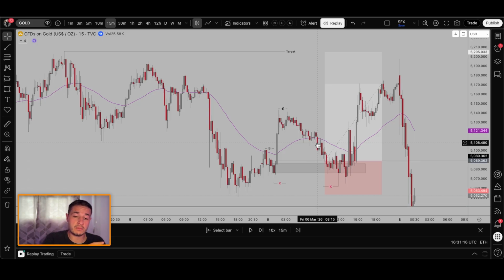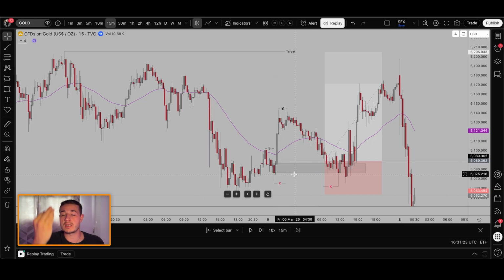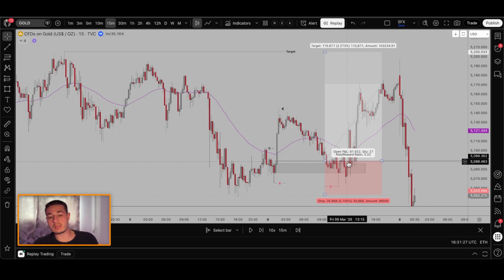Meaning it's not much volume, everything is already built up down there, so it just came down to collect and move away. This was the reason why I took this NFP trade, even though I said to many people that I'm done for the week Wednesday, but it is what it is, right?